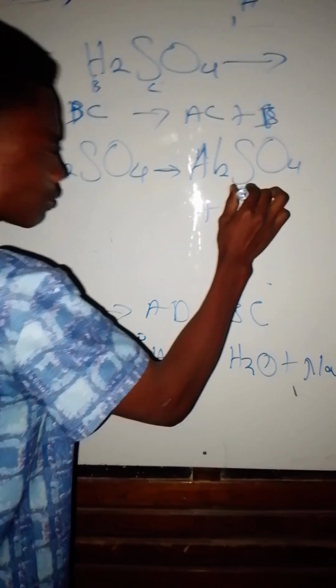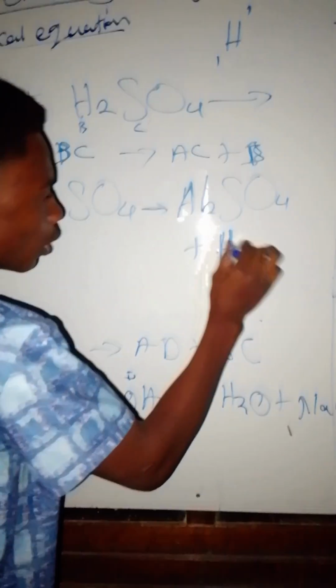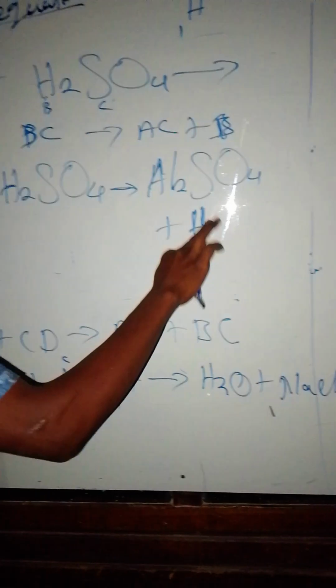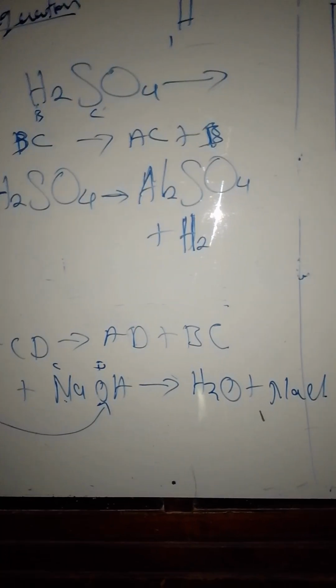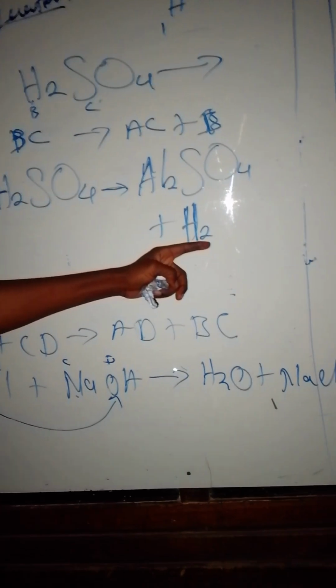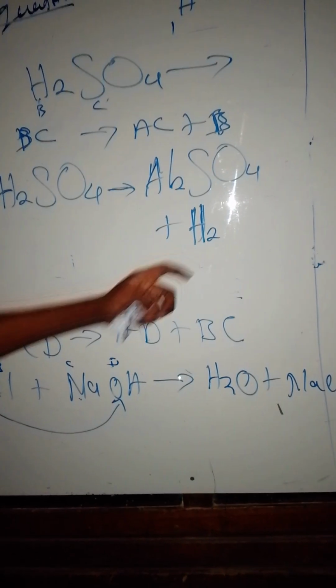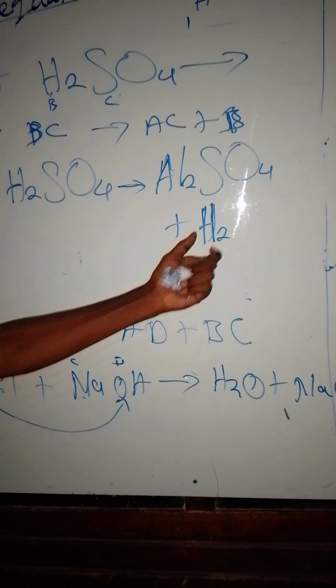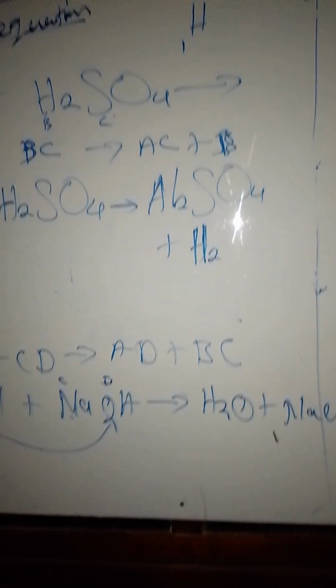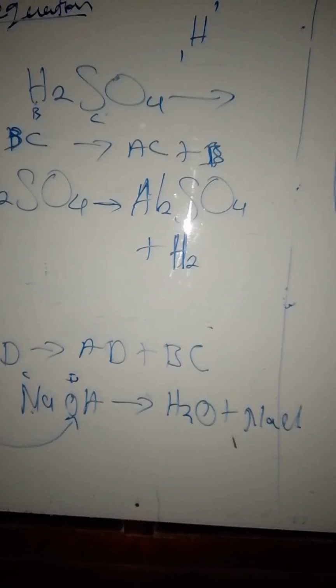Now hydrogen is a diatomic molecule. It is never expressed like that when written alone, but it bears a 2 to show that it is a diatomic molecule. This 2 is not coming from anyone. It just exists as a diatomic molecule. Nobody gave this hydrogen. Hydrogen is expressed like this in the periodic table.